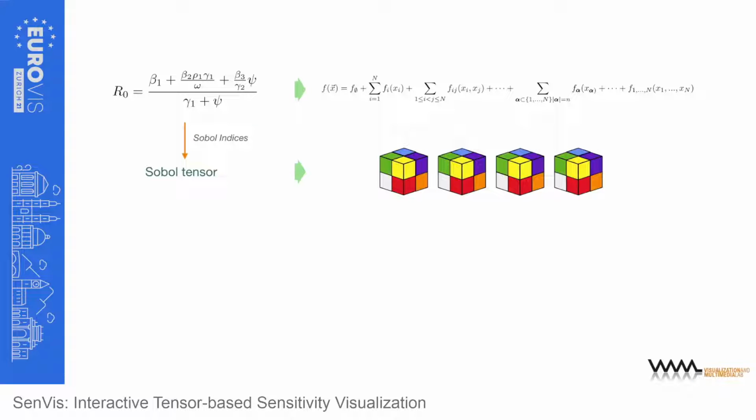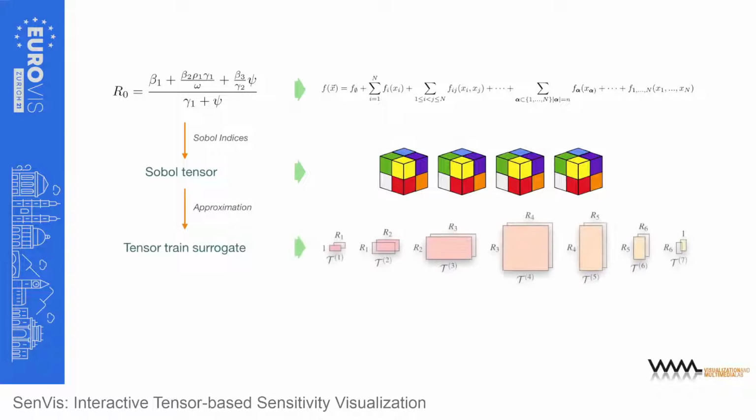To avoid the curse of dimensionality, a tensor decomposition method was proposed, modeling the function as a tensor train surrogate.